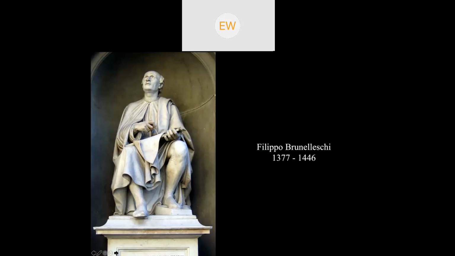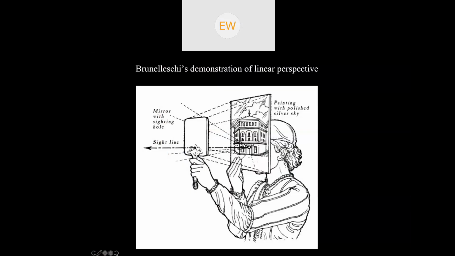But here, Filippo Brunelleschi, ta-da, the guy who developed perspective. One reason why I wanted to show you that video is that it makes a little bit more sense of this picture, where he made the image of the baptistry of this building in Florence, and then he put the hole in the painting right where the vanishing point is, and then he had the mirror, and he holds it up, and he takes the mirror away, and he can see the building, and then he puts the mirror back, and he can see the drawing.